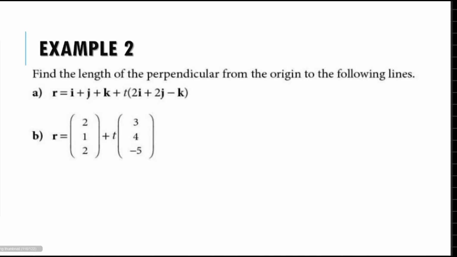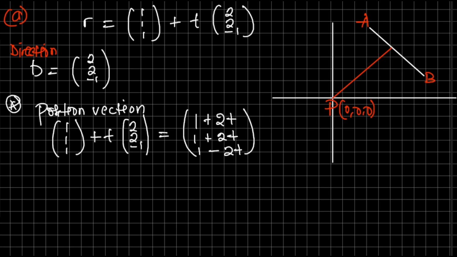Let's check to be sure. Yeah, so this is what we have. Let's call this position vector a point, let's say A. For this to happen, we need PA.